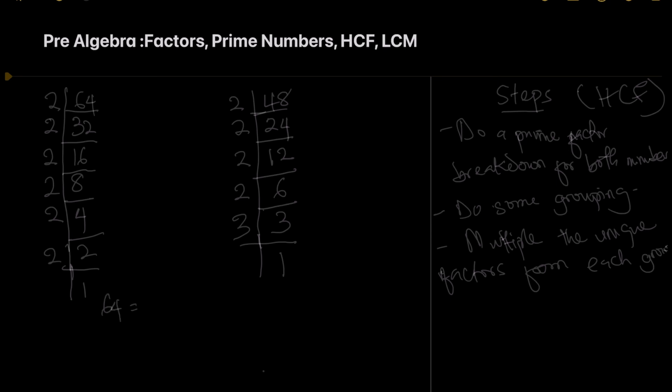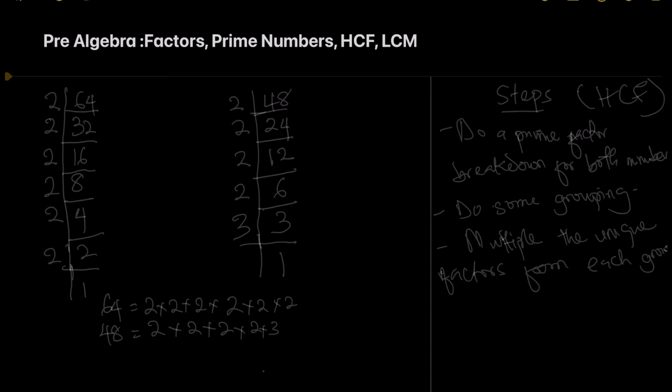The number 64 is gotten by 2 times 2 times 2 times 2 times 2 times 2. This is six 2s, right? And then 48 is gotten from 2 times 2 times 2 times 2 times 3, right?